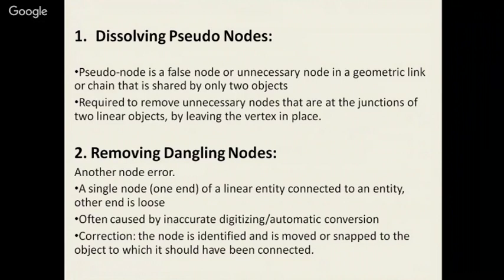This is often caused by inaccurate digitizing or automatic conversion. So for correction, the node is identified and moved or snapped to the object to which it should have been connected.